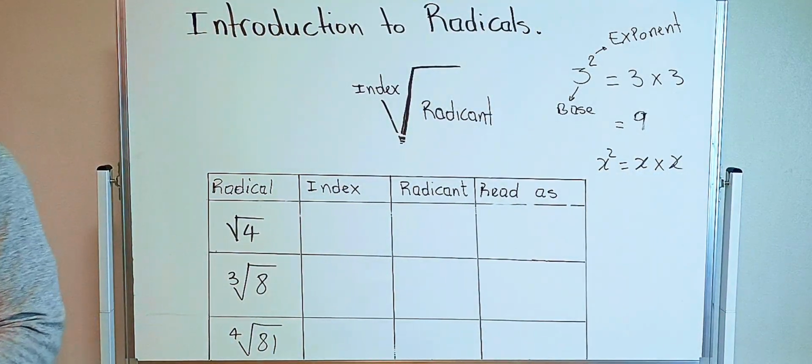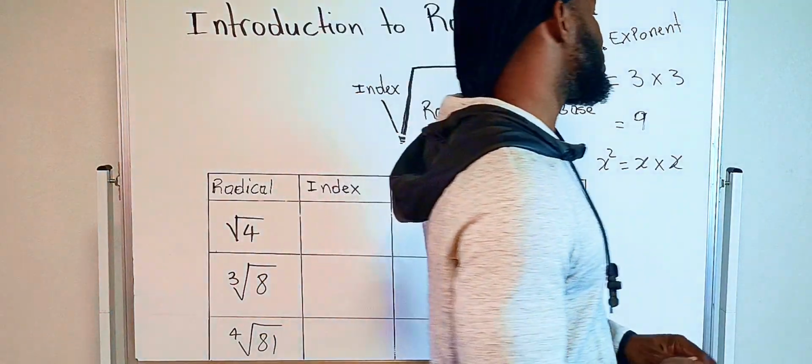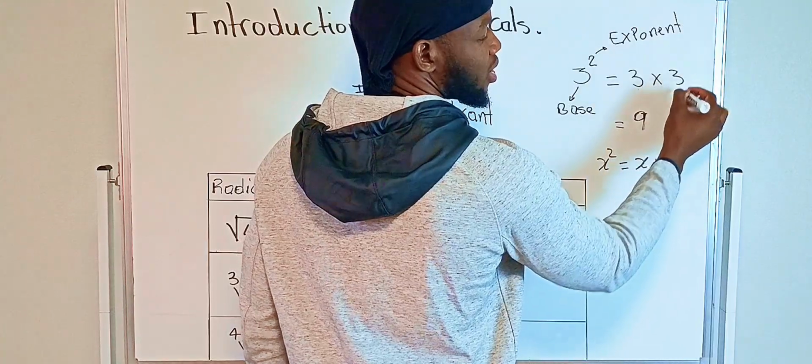A number or a variable that is the product. You know, product is the result from the multiplication. You see 3 multiplied by 3, the answer is 9.